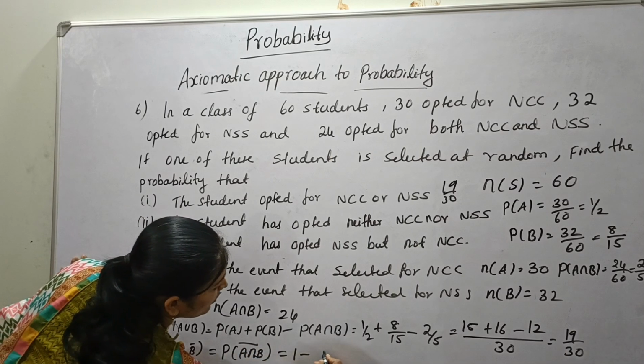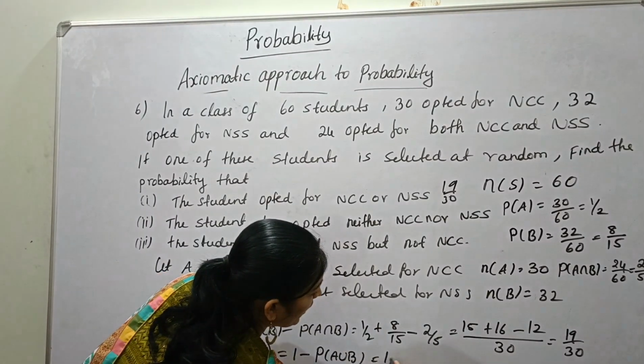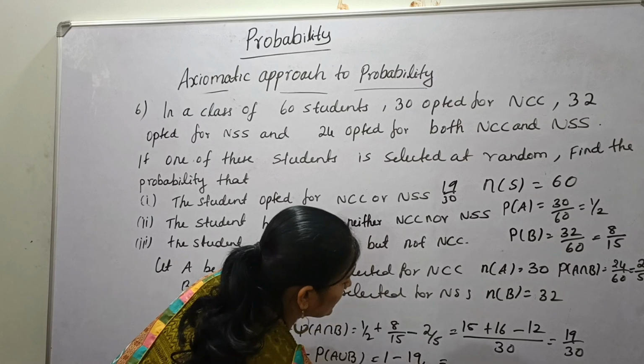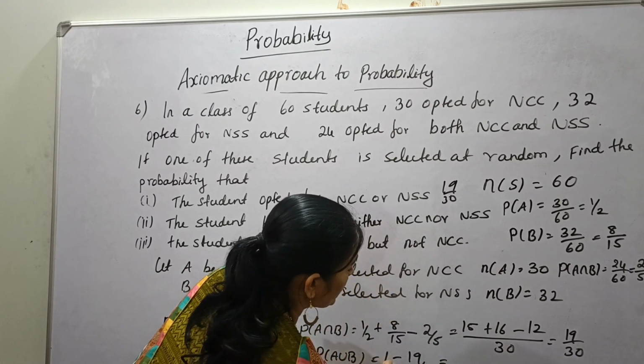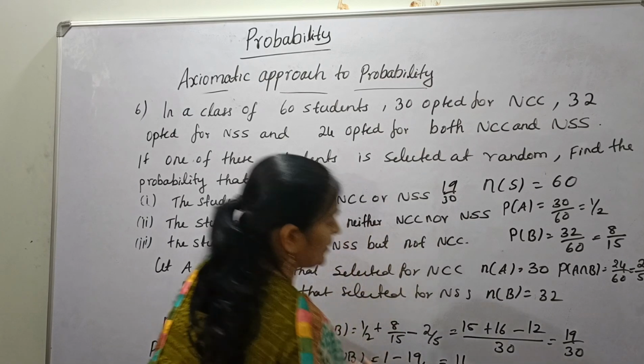So we can write 1 minus probability of A union B, that is 1 minus 19 by 30, which is 30 minus 19, that is 11 divided by 30.